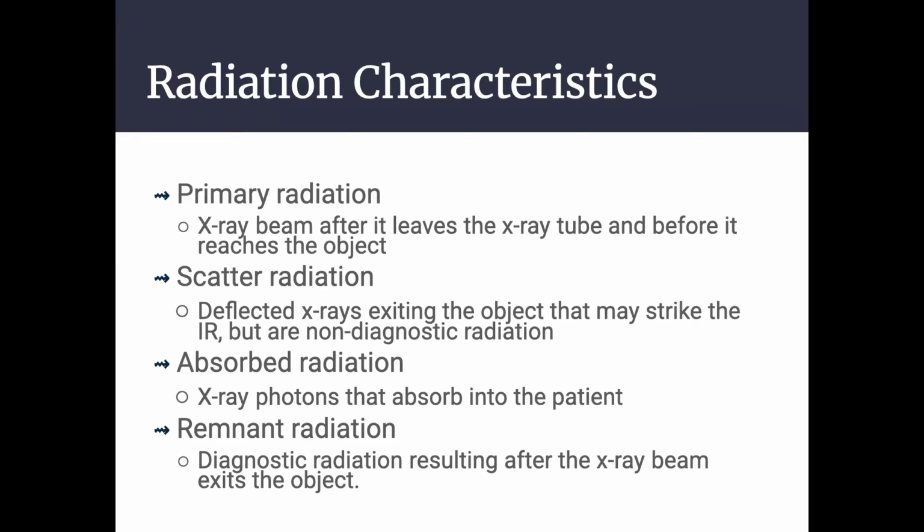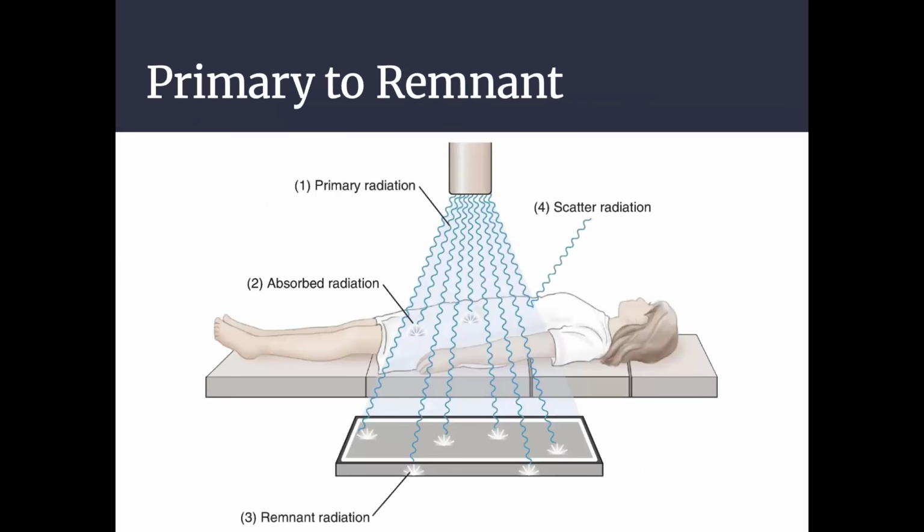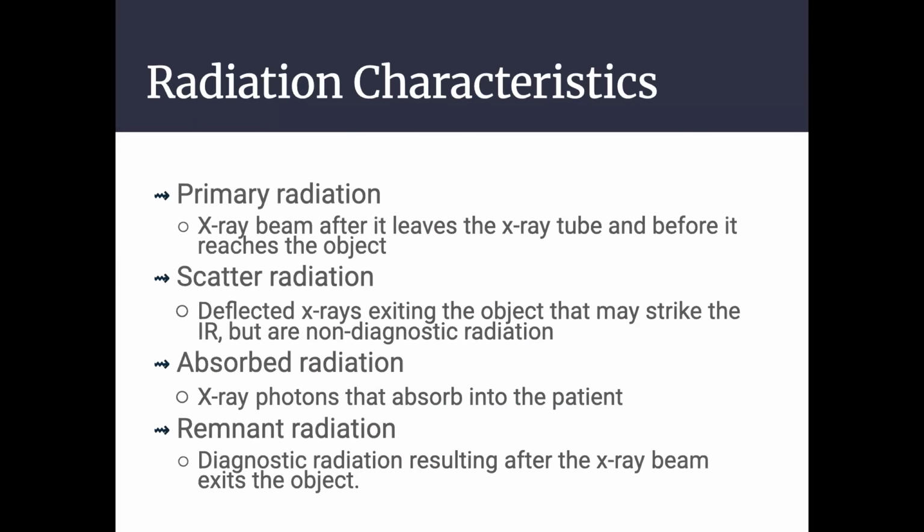At areas where the beam absorbs is what looks white on the image, because nothing went through the patient, so nothing hit the detector. There is no signal data represented by that, so it looks white, okay? You can see here, it's showing you a beam that came down, hit a part of the body, and just absorbed, okay?